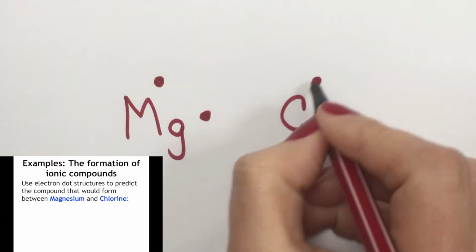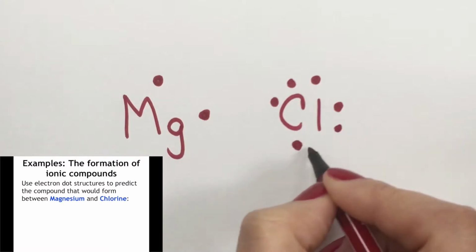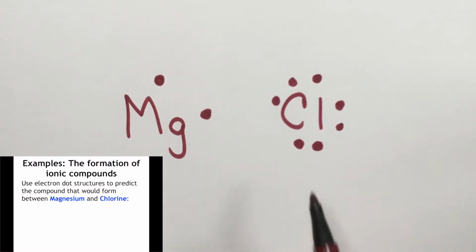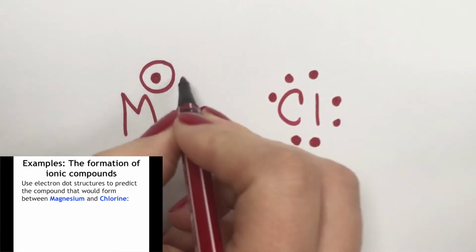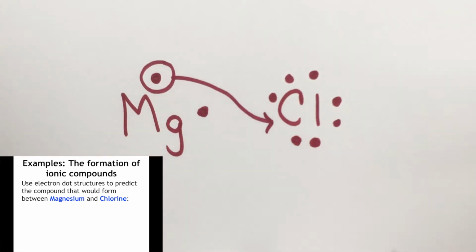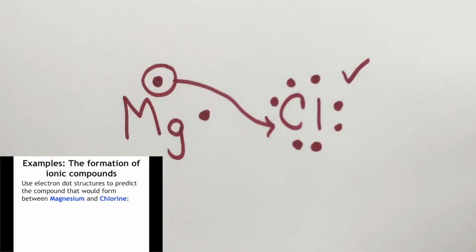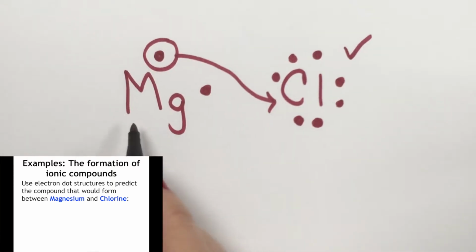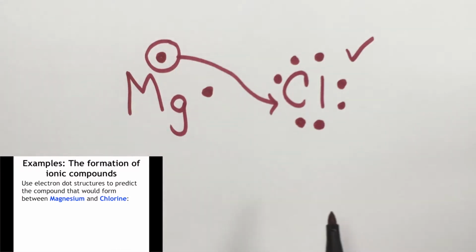So 1, 2, 3, 4, 5, 6, 7. Okay, so we're going to show this electron being donated to chlorine here. This chlorine has 8 valence electrons. It's stable. However, magnesium is highly unstable. It still has 1 electron it needs to get rid of.